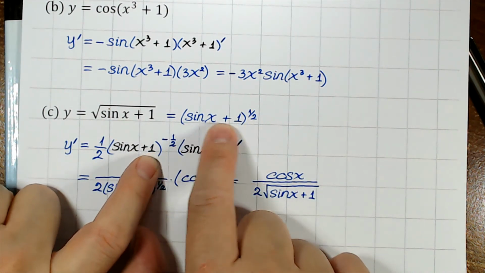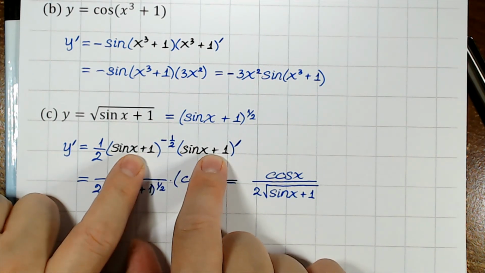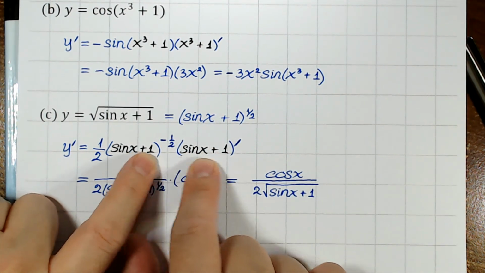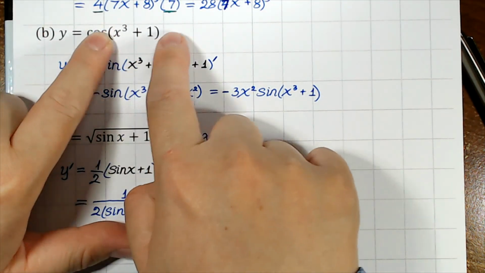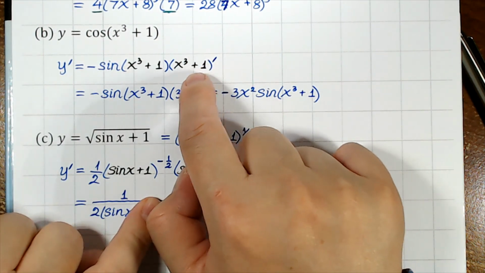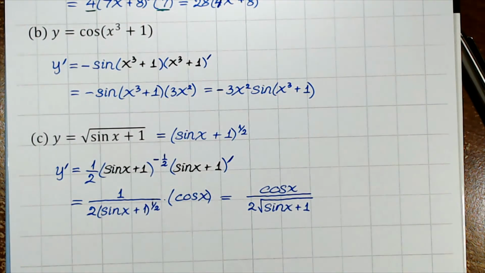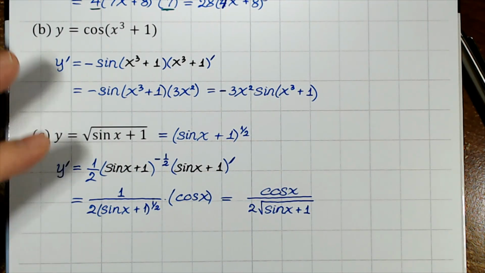Inside the parentheses is just sine x plus 1, so we just put sine x plus 1. Those two are the same, and we don't take the derivative of those terms yet. Whatever is inside the parentheses, we just substitute in, and we will take the derivative in the next step. So that's what we have.